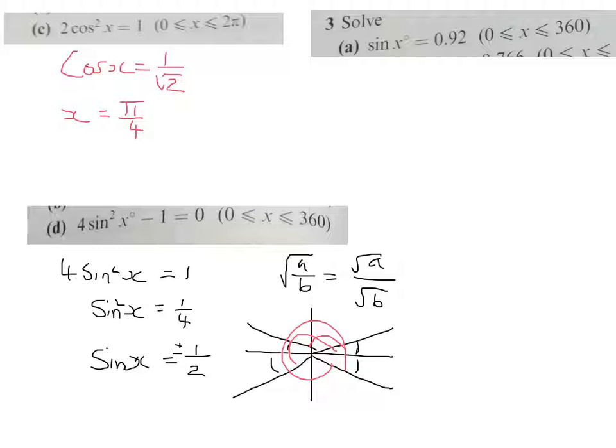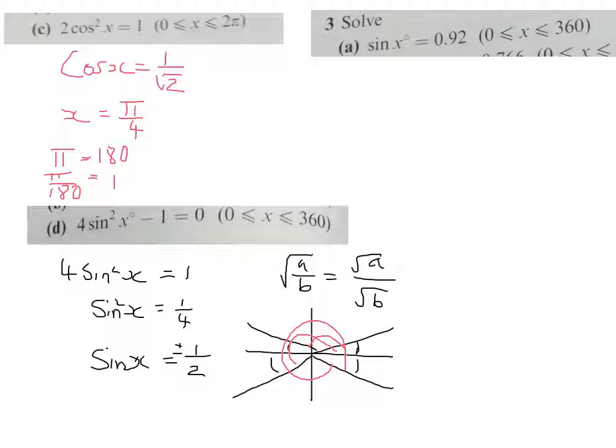Now we remember that pi is 180, so 1 degree is pi divided by 180. So 45 lots of that would give you your 45 pi over 180, which would cancel down to being pi over 4.